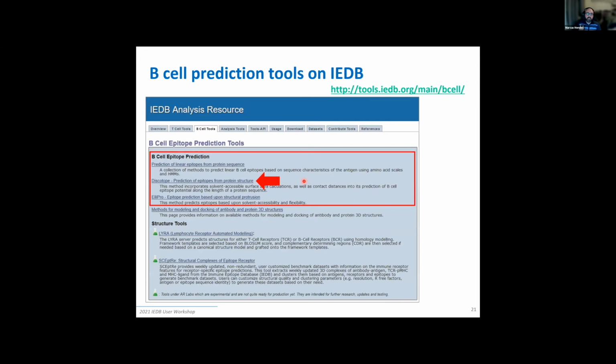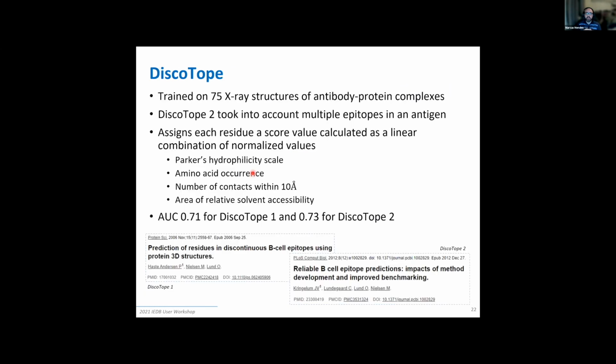So we're going to start using DiscoTope. As you can see, to access DiscoTope, you can click over this link. DiscoTope was trained using 75 X-ray structures in the first version of the tool. The second version used way more structures because there were more available at that time, and we also combined the mapped positions.